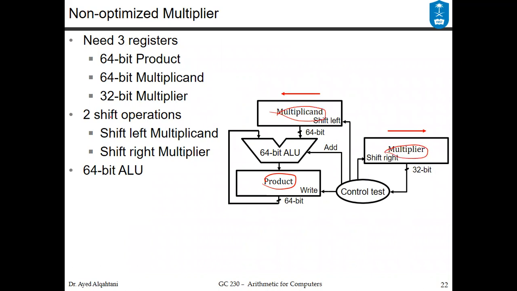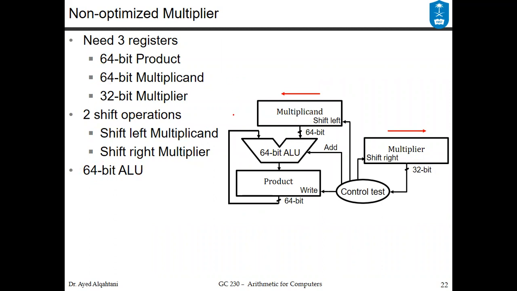We also, in every step along the way, need to do 2 shifts. We shift left the multiplicand, and we shift right the multiplier. And because of the 64-bit product and multiplicand, we need a 64-bit ALU.